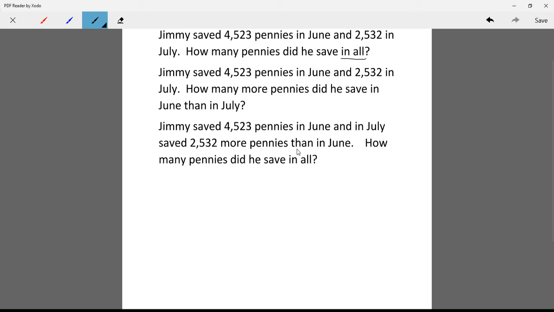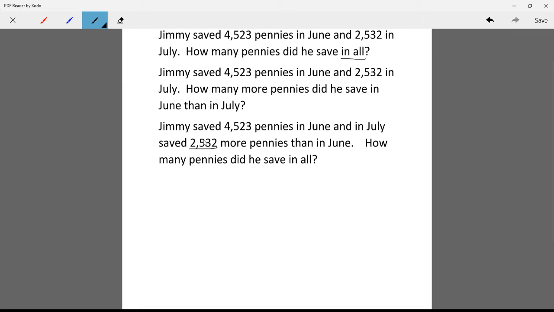So this one starts off slightly different than these ones. In these ones it says he saved this amount in June, this amount in July. But in this one it says he saved this amount in June, and in July saved this amount more than in June. So that means that we don't know how many pennies he saved in July yet.